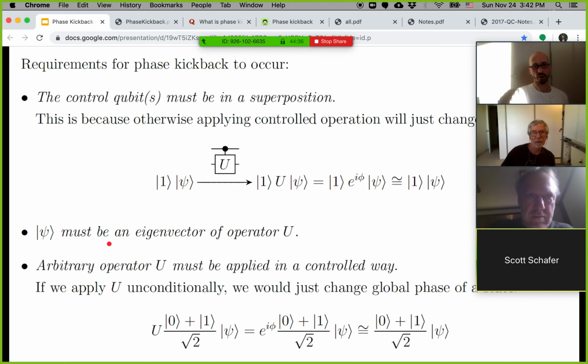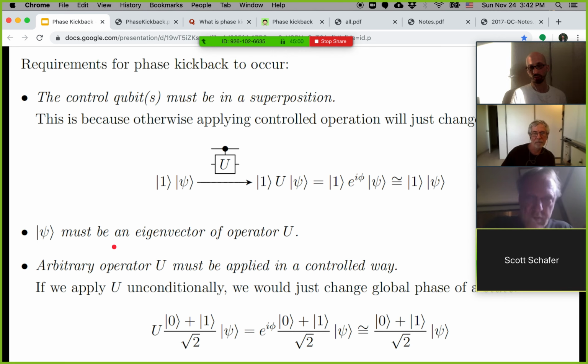The second requirement is that psi must be an eigenvector of U. We talked about this already, right? And the third one is that U must be applied in a controlled way. The only alternative to a controlled way is to always apply it.